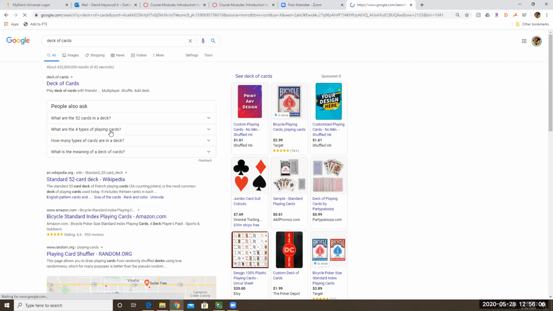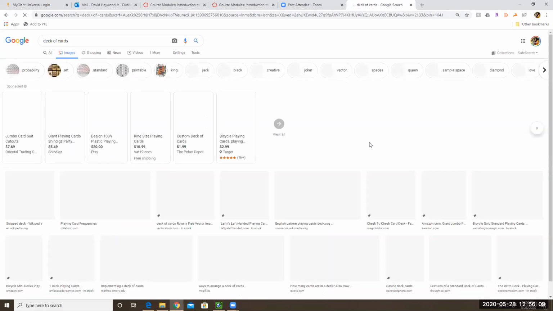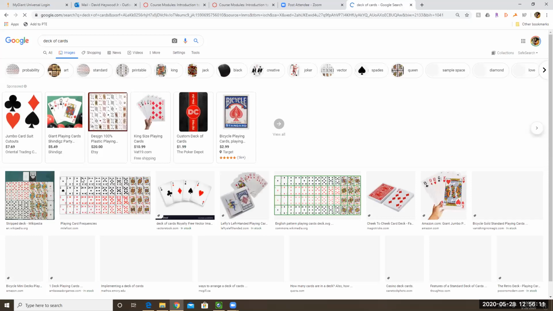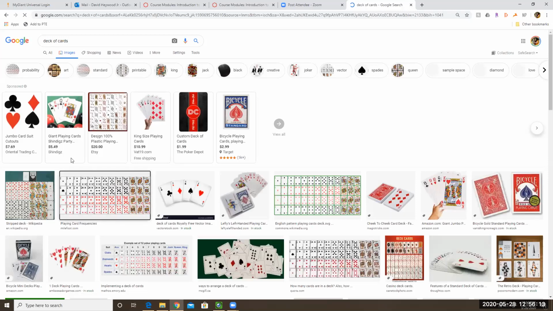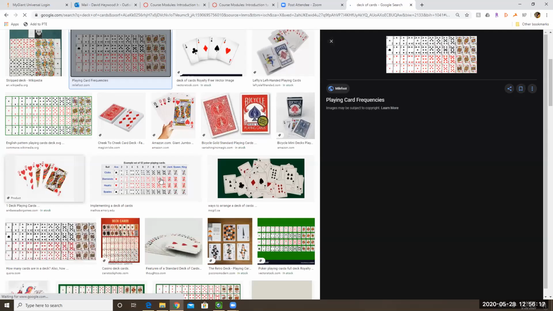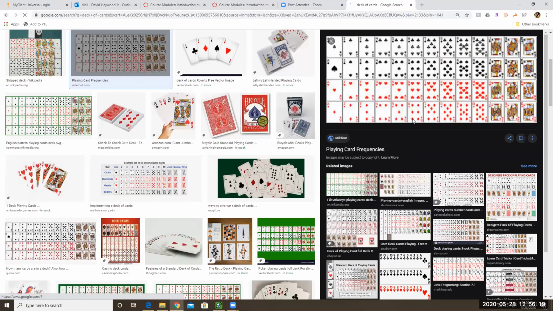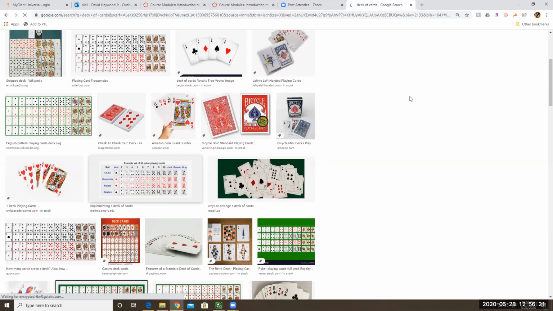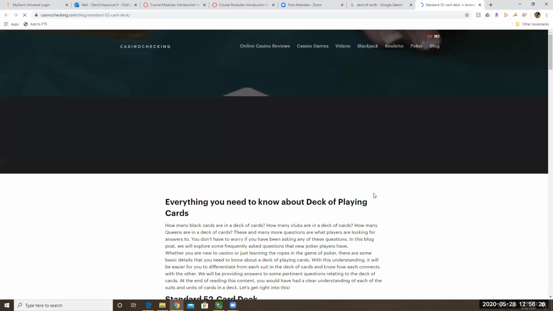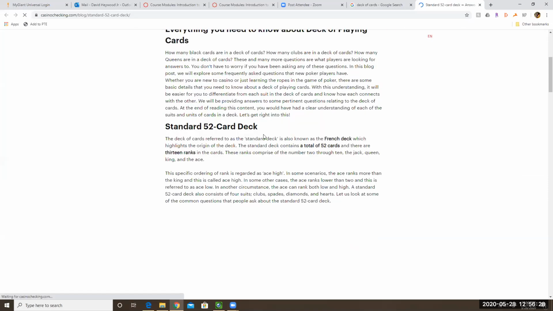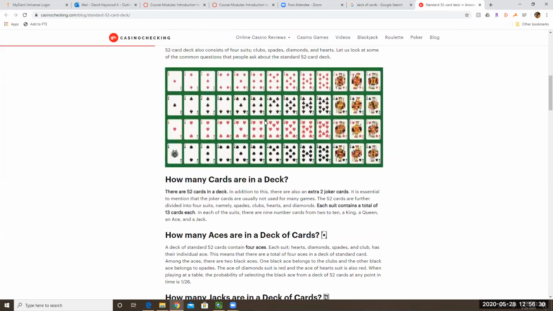So let's take a look. You're welcome to do a Google search for the number or types of cards in a set of playing cards. But here's a good picture. Actually, I can come up with a better one. Well, that's still bad. I want the picture to not be fuzzy. Okay, can I zoom in on this?